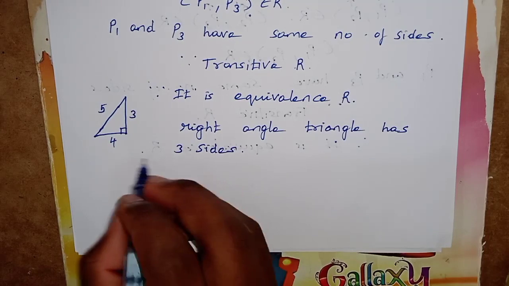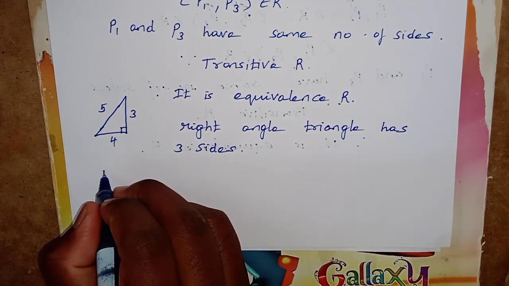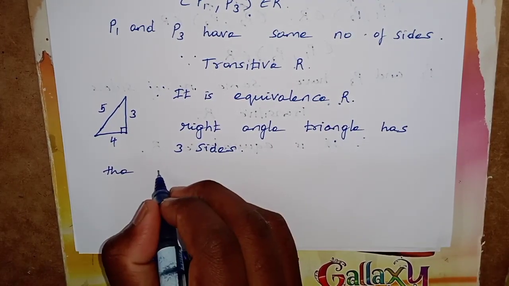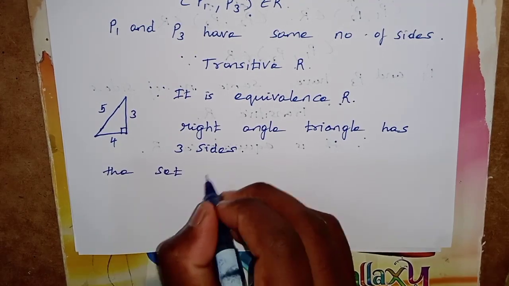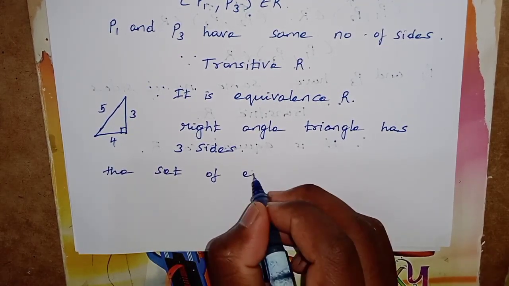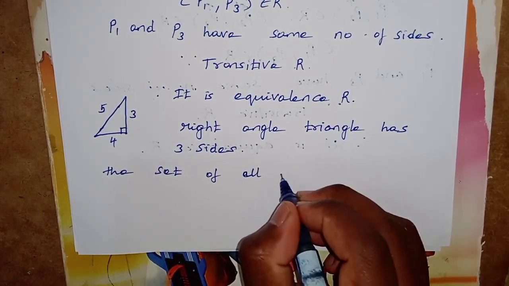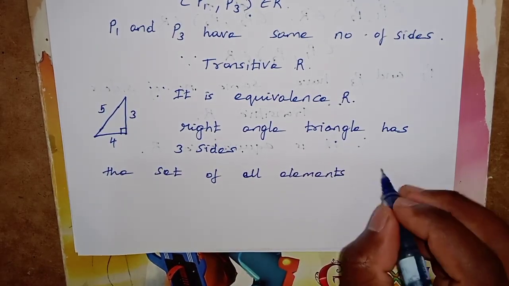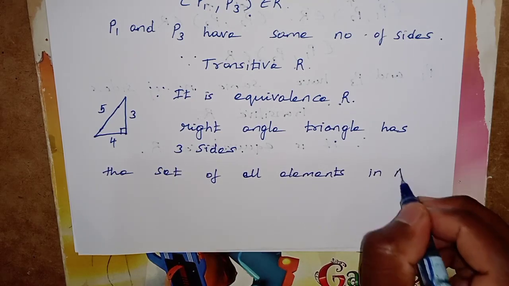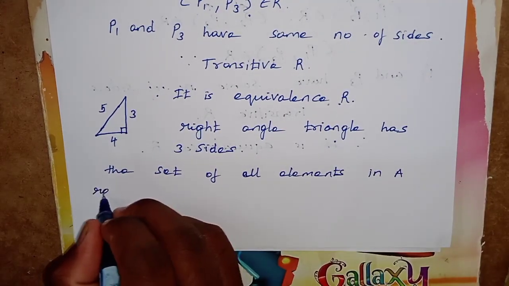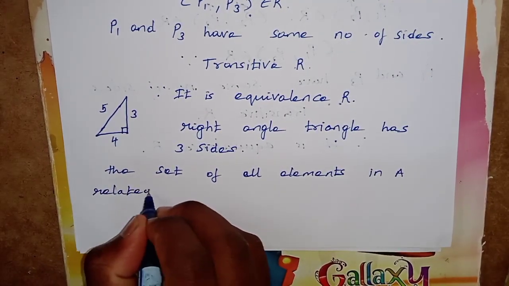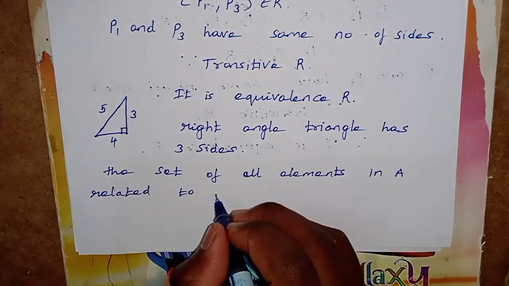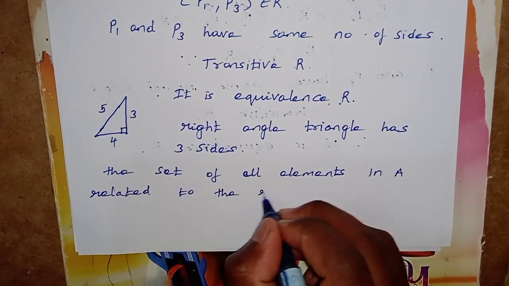Okay, you have to write finally the set of all elements in A related to the right angle triangle.